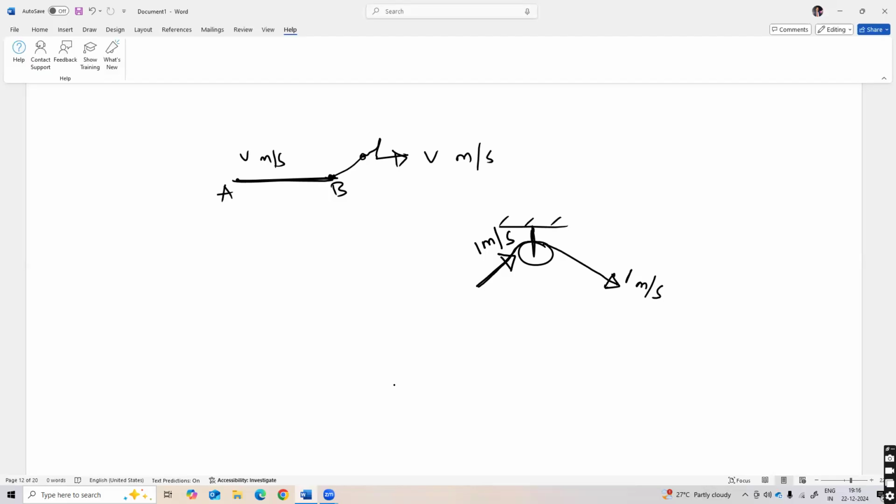So both should have the same velocity, right? If this side is moving with velocity 1 meter per second towards this direction, then this side will move at the same velocity, 1 meter per second, in this direction. You understand this?